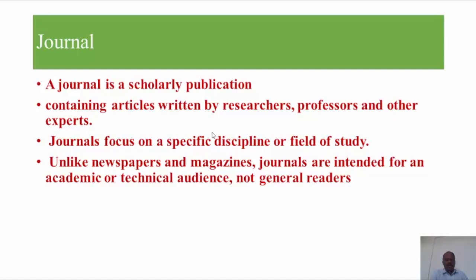So here comes journal. A journal is a scholarly publication. It is called a scholarly publication. It is written by subject scholars. Journal containing articles written by researchers, professors and other experts.